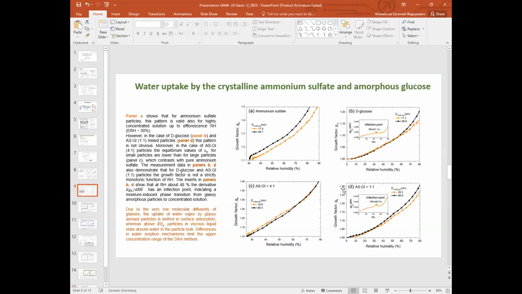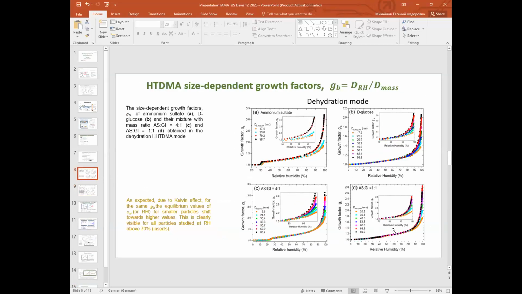Yes, solidification is very important because, as I said before, for the same hygroscopic growth, small particles have a higher equilibrium relative humidity.